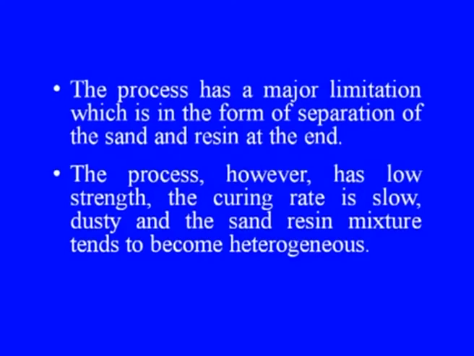The process has a major limitation, which is in the form of separation of the sand and resin at the end. The process also has low strength, the curing rate is slow, and the sand resin mixture tends to become heterogeneous.